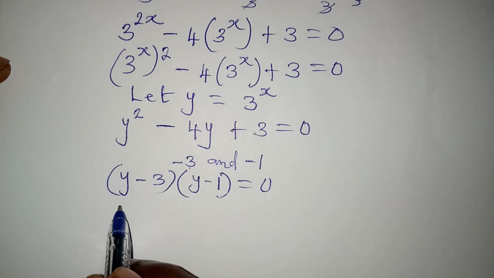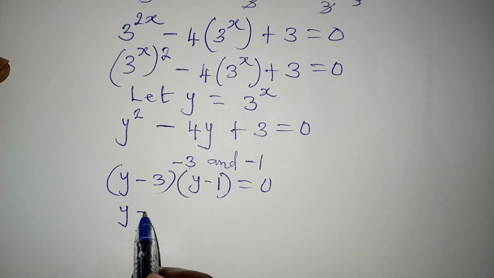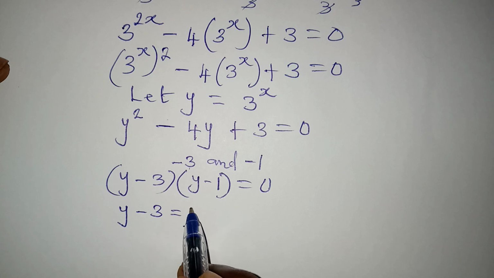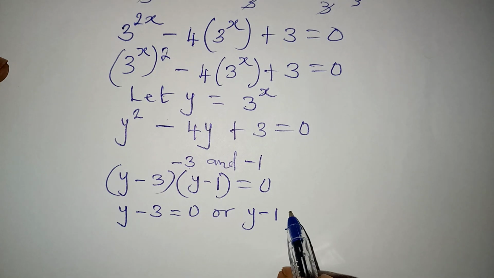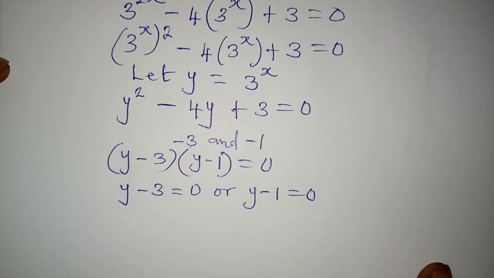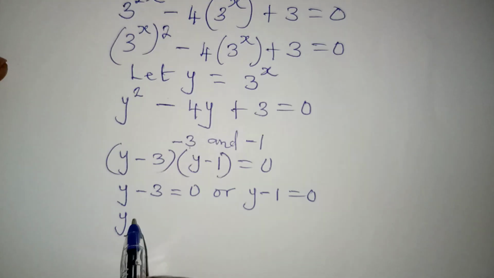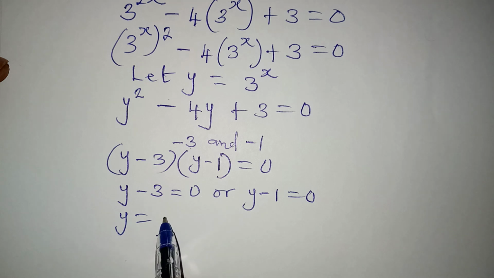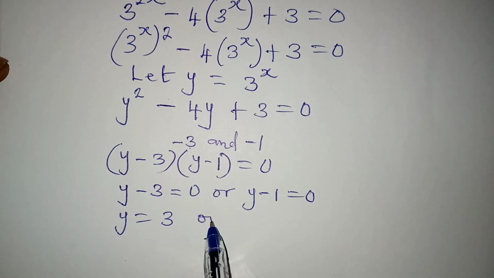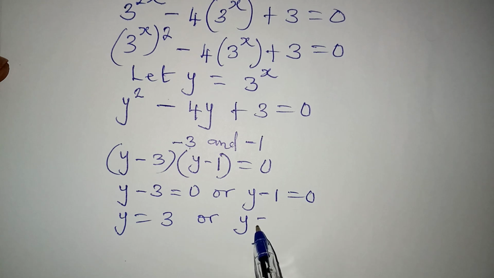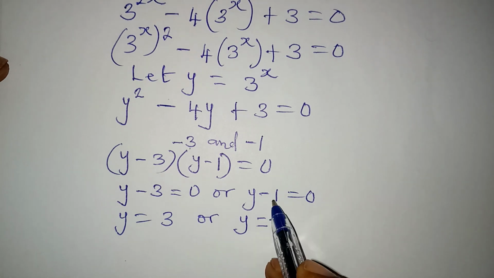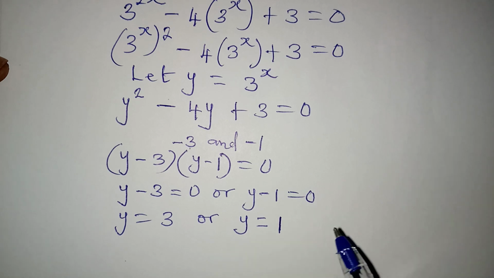And then from here we have that y minus 3 is either equal to 0 or y minus 1 is equal to 0. So y is equal to 0 plus 3, which will give 3, or on this side y will be equal to 0 plus 1, which will give 1.